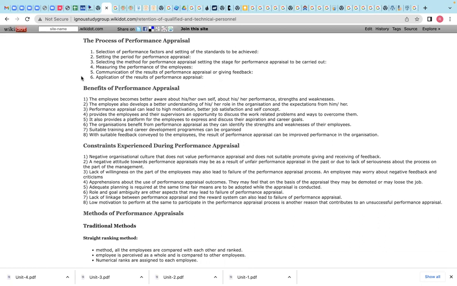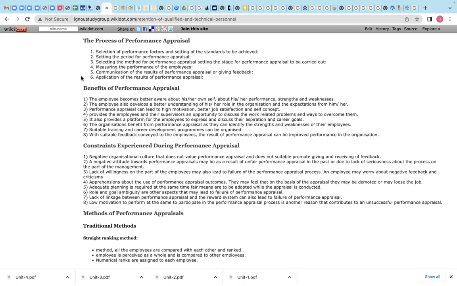Fifth is communication of the results. You measured it, and at the end of that cycle you tell them the results you got, and then comes application of those results. You might train the employees on certain things, or give bonuses, depending on what you want to do with those results.